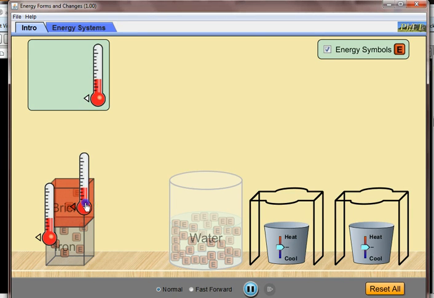Okay, do you see any energy change in the temperature of these two? Do you notice any energy change? No, correct? There is no change, they should be about the same temperature.